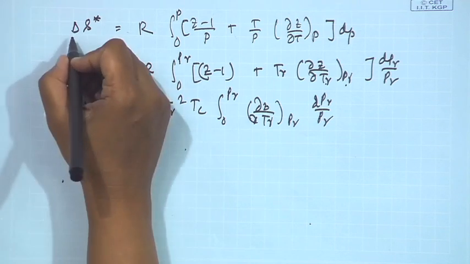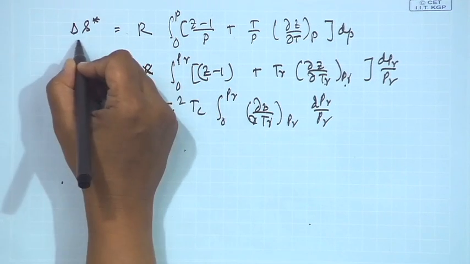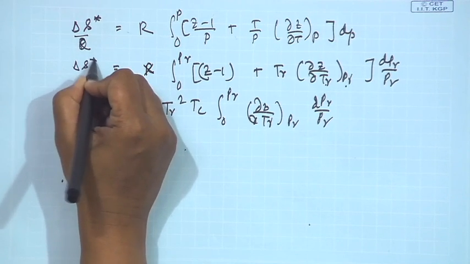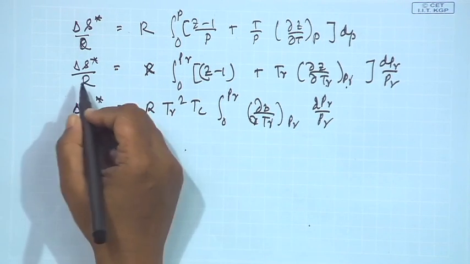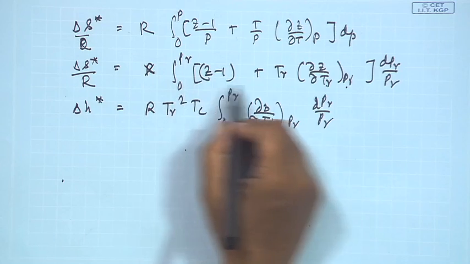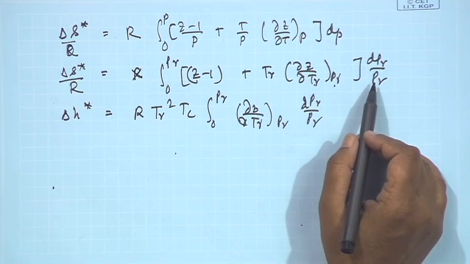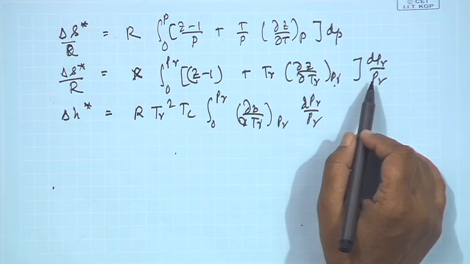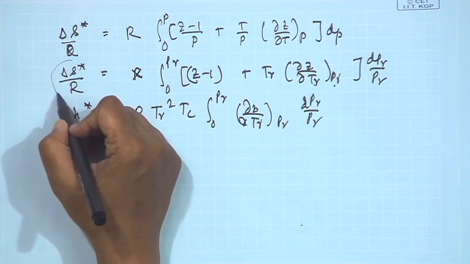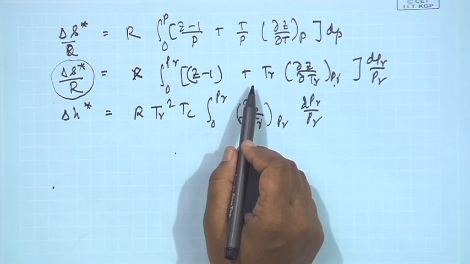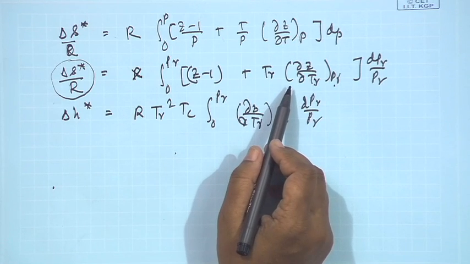Suppose you express this equation as delta S star, or else delta S star by R. Then you find the right hand side is just expressed in terms of reduced coordinates. So what does it show? It shows that this parameter delta S star by R definitely obeys the law of corresponding states.